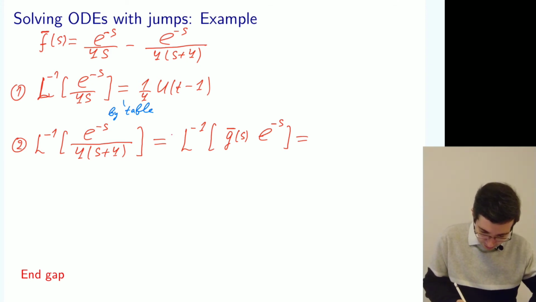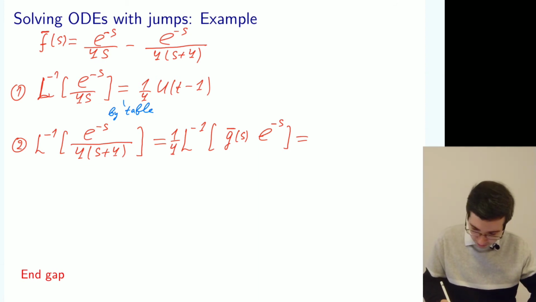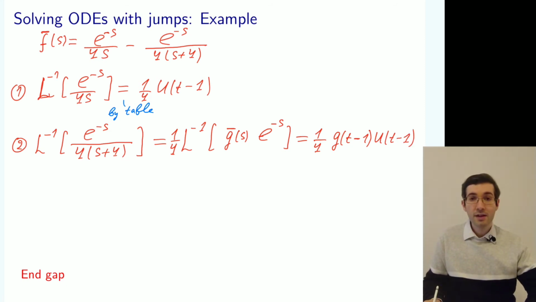You can take a factor of 1 over 4 outside, for example, just for simplicity. So this will be 1 over 4 g of t minus 1 times a unit step function.